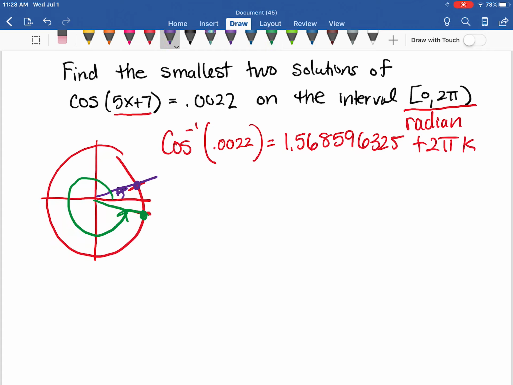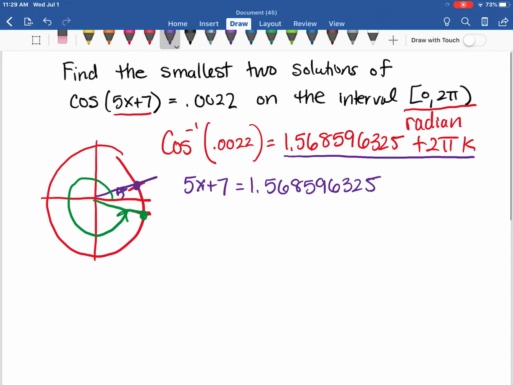I know that this angle right here represents my purple angle on my picture. So 5x plus 7, the angle that I plug in for cosine, has to be equal to 1.568596325, and then of course I add any multiple of 2 pi.